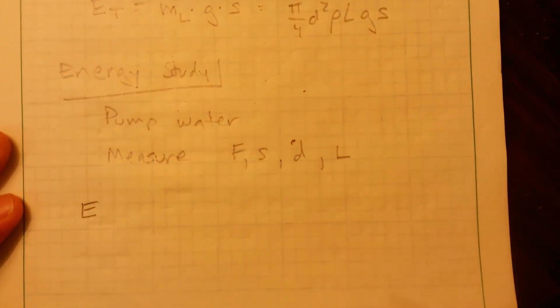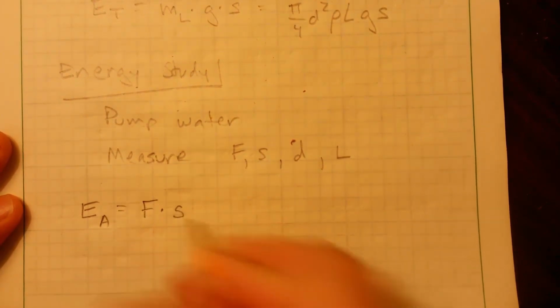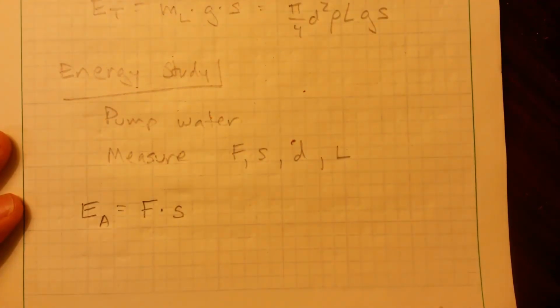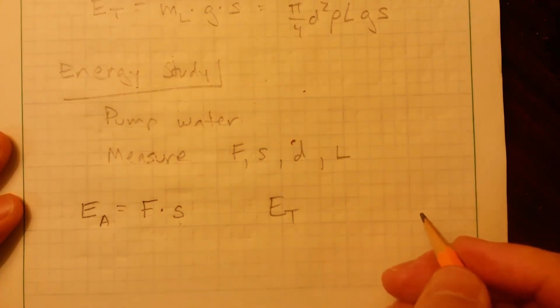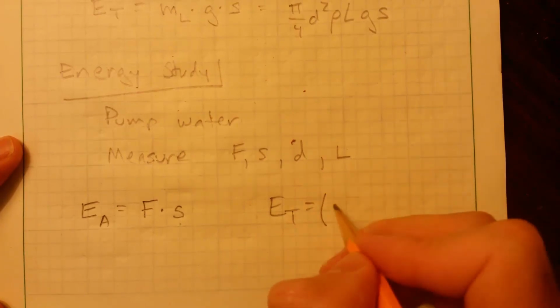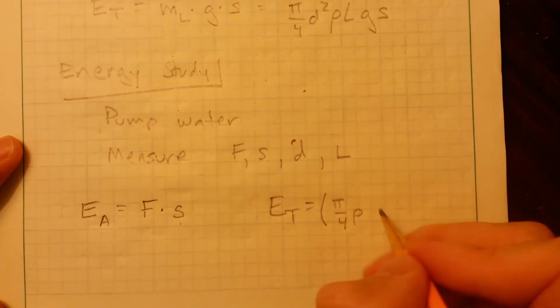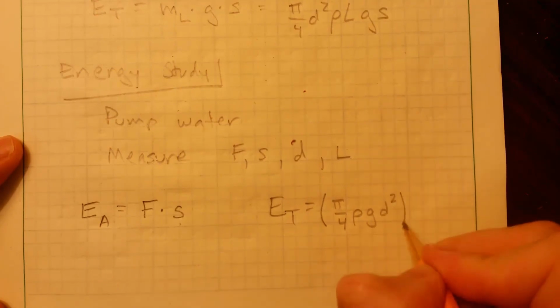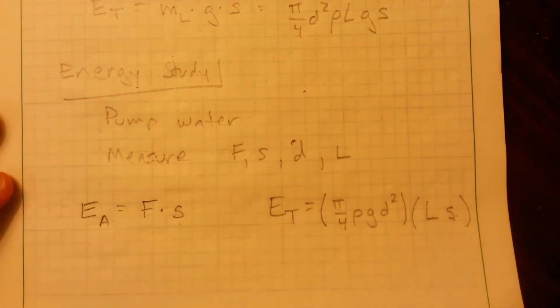And I would be able to calculate the actual amount of energy used from the measurement of the force required to move the rod, F, and the distance the rod moves, S. I would be able to calculate the theoretical amount of energy required to lift the water. And the constants here are going to be pi over 4 times the density of water times gravity g times the diameter squared. And the only things that you might vary in the lab situation are going to be the length of the water column and the stroke length S.